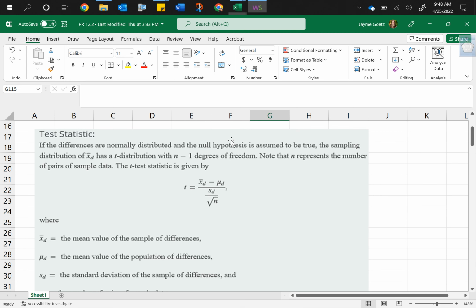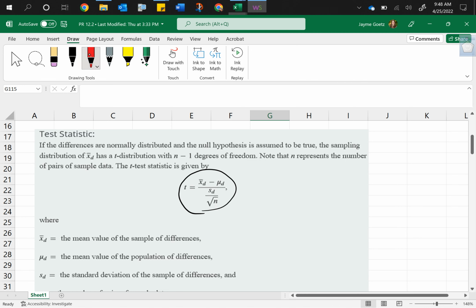So let's talk about the test statistic for this. The formula for the test statistic looks like this. Now, in the past, all of the test statistics that I've given you, we haven't really had to look at much because I'm like, we don't actually have to figure that out, I'm just going to give you a template. For this one, there is not going to be any new templates.